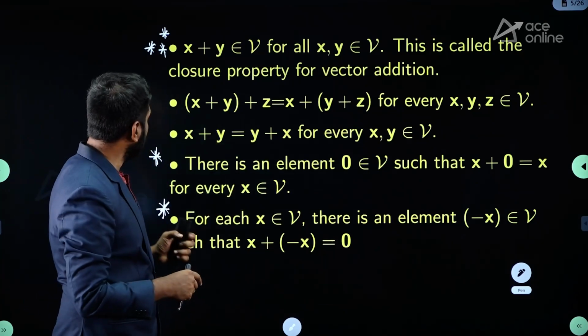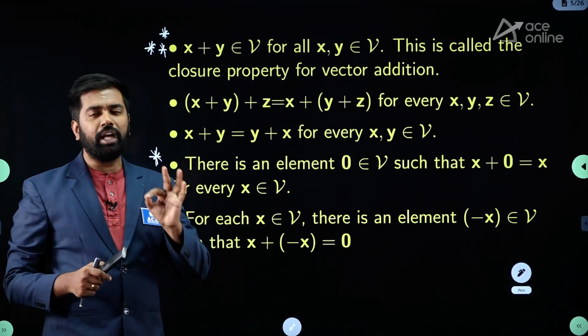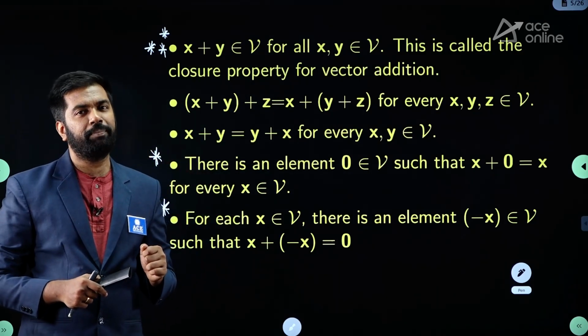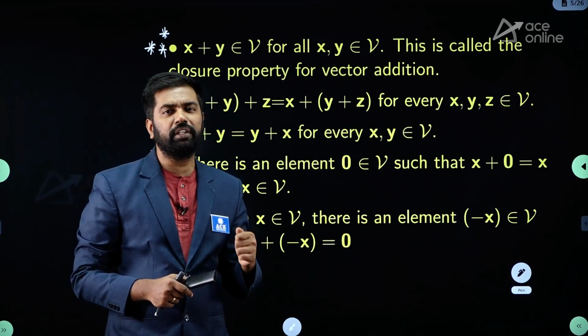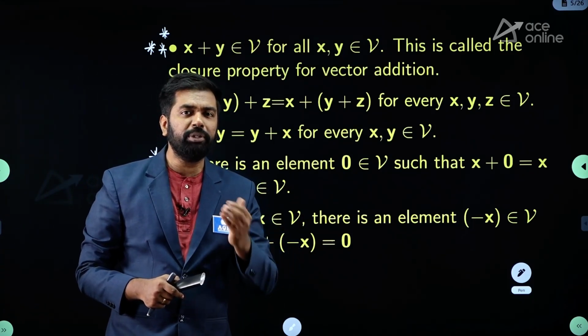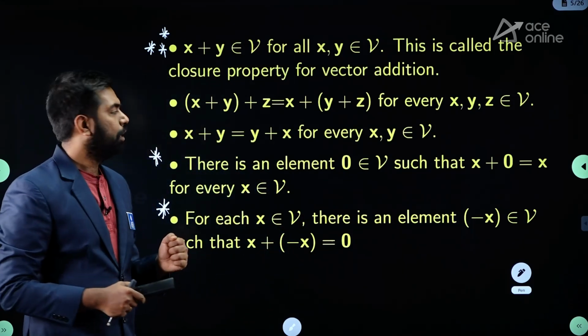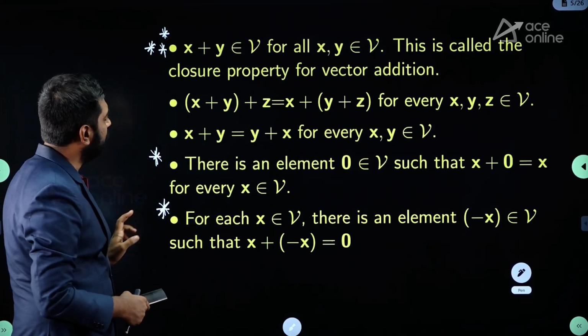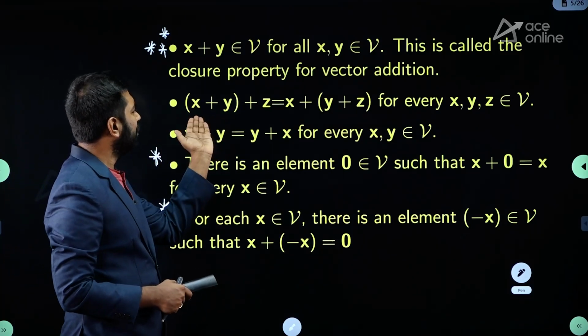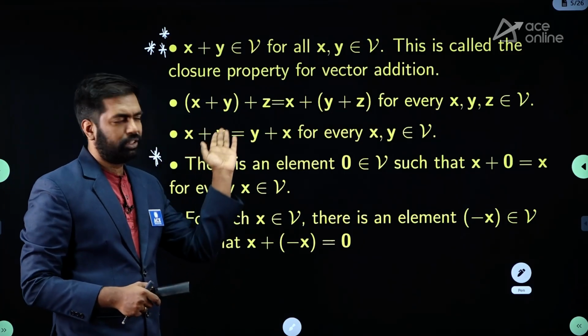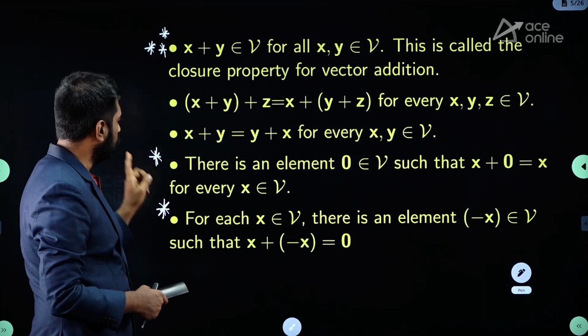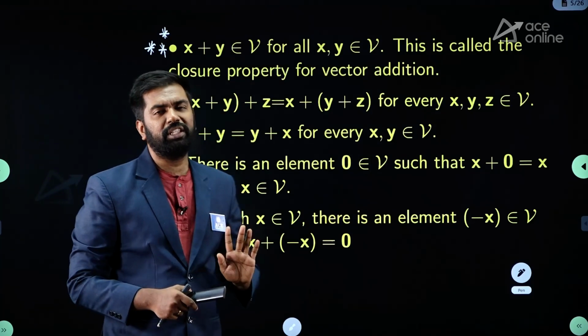So that's the first thing that you verify. Next, the 0 vector should also be part of the given set. Next, if x is a vector in the given set, then minus x should also be present in that set. So these are the important things that you need to check, and these are very simple. Vectors will definitely satisfy these two things, so nothing to worry about.